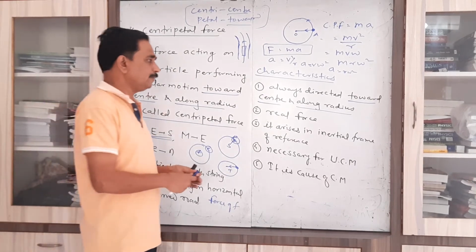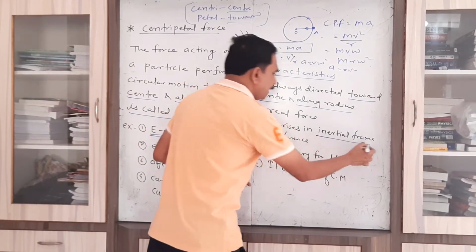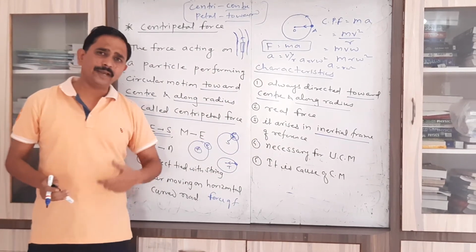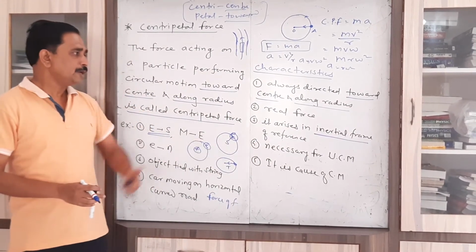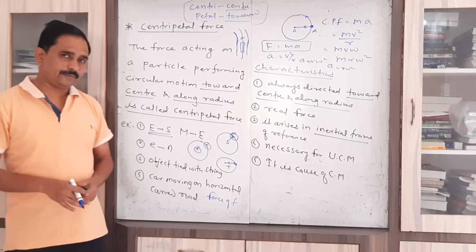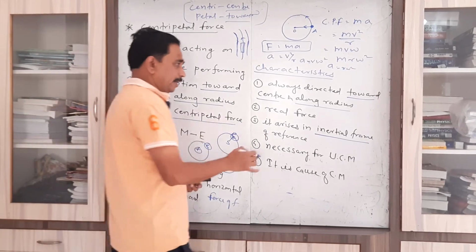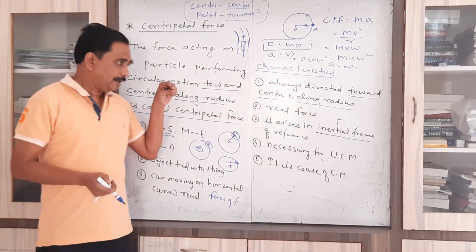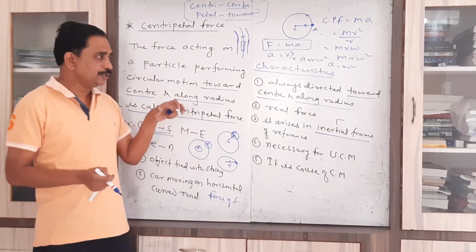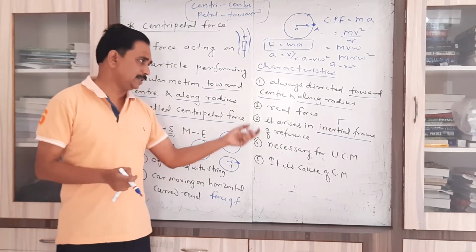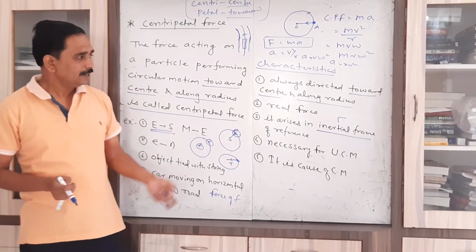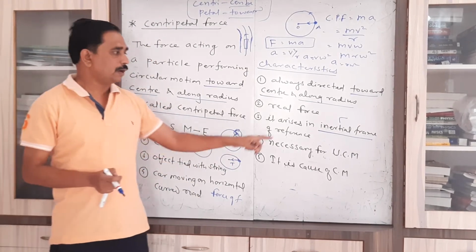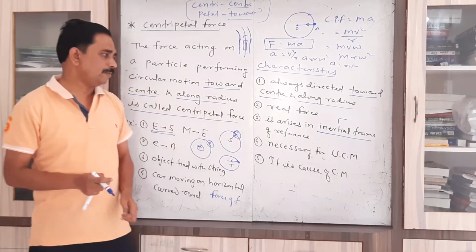Now this centripetal force arises in an inertial frame of reference. Later on we will explain what we mean by inertial and non-inertial frames of reference. In a simple way, at this moment keep in mind that the frame in which Newton's laws hold good is the inertial frame of reference, and the frame of reference in which Newton's laws do not hold good is called a non-inertial frame of reference.